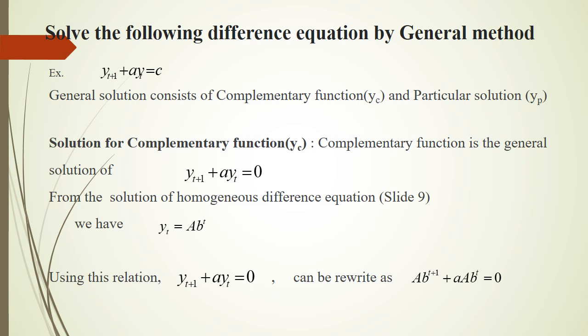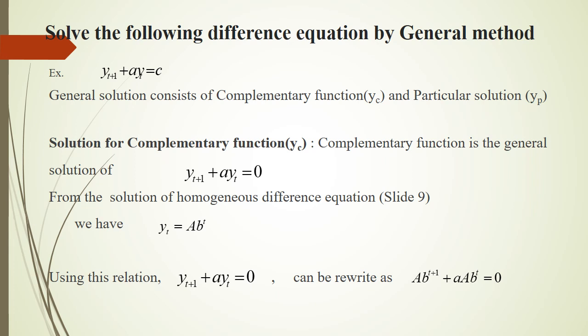From there we got the solution y(t) = A b^t. I am not repeating the solution. If you are not clear, go back to slide number 9 and find out once again how we got y(t) = A b^t. This is the solution for the homogeneous equation. So this relationship can be used for solving our given equation.